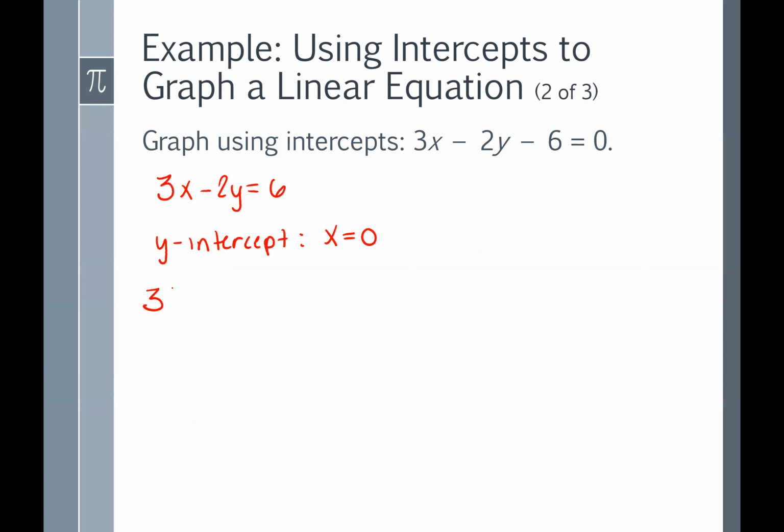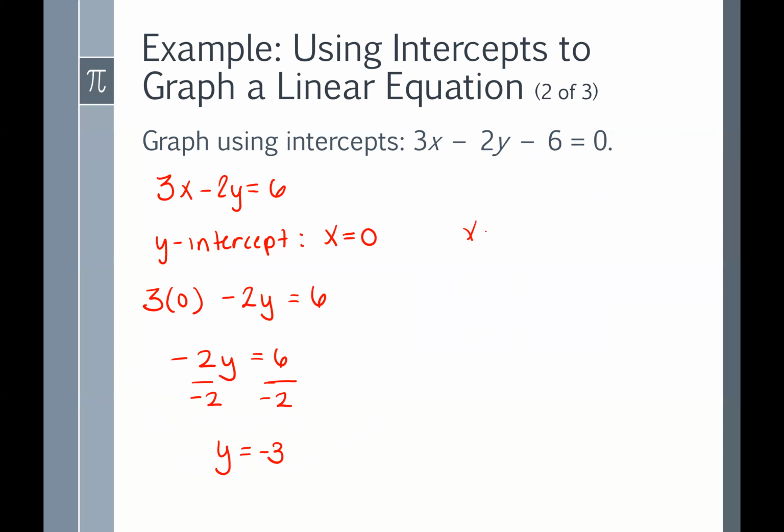So we're going to set x equal to 0. Three times 0 is 0. 0 minus 2y is minus 2y. Divide both sides by minus 2. 6 divided by negative 2 is negative 3. So the y-intercept is negative 3.